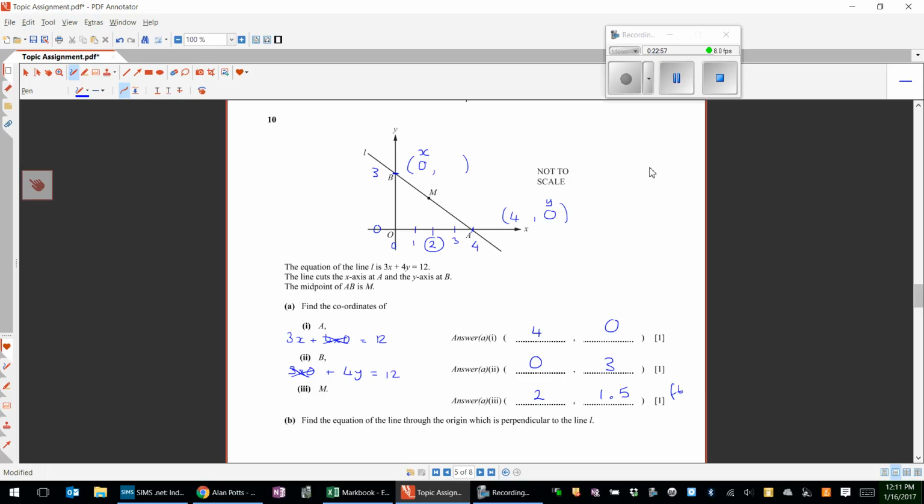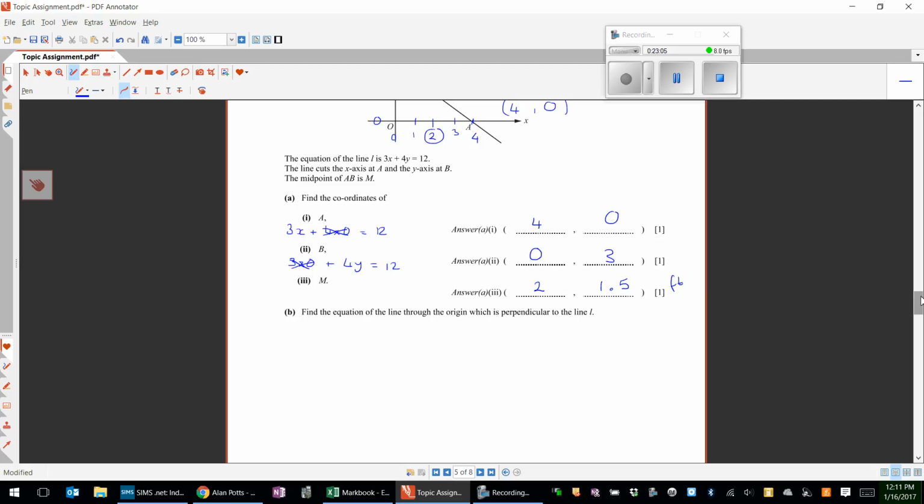Right. It now says the hard one. Find the equation of the line through the origin, which is perpendicular to the line L. Well, actually, because it says two pieces of information. Perpendicular to the line L, we know that means something. And the fact that it says through the origin means something else.